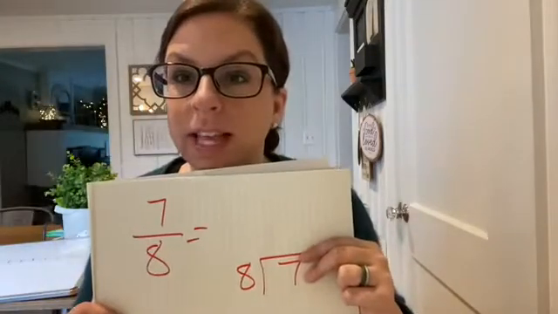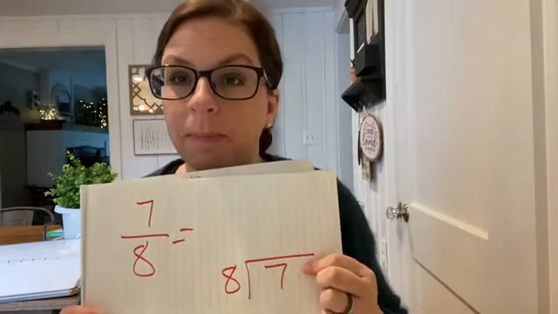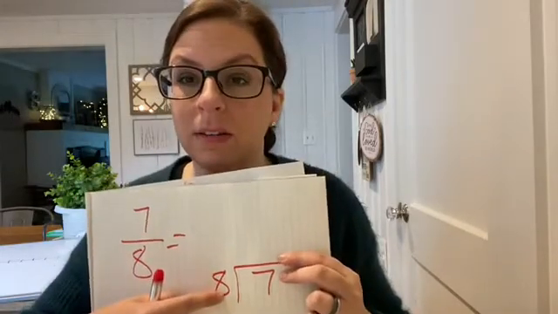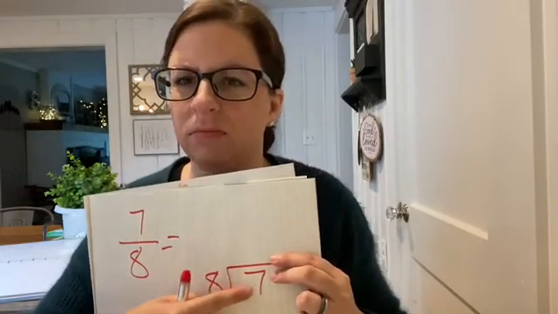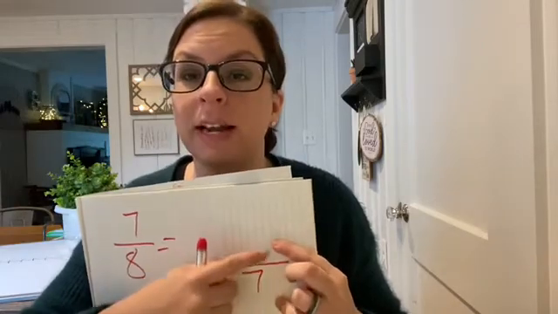So let's do it. As soon as I look at it, I see I have a problem. I can't put 8 into 7. It's too big. So I need to write a decimal point next to the 7 before I divide. So make sure you write it in the dividend and also in the quotient.